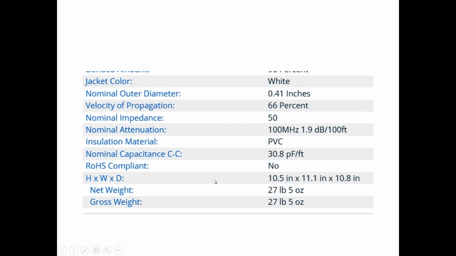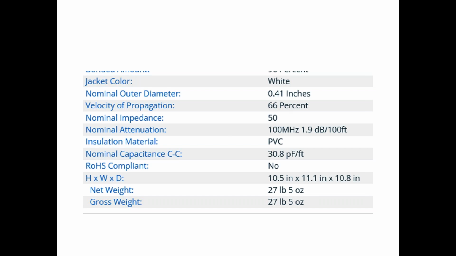Here's some more specifications of that cable, and this is what you'd be looking at. It's 50 ohms. Well, that's basically what we're dealing with most of the time. And propagation. Propagation is the speed at which the signal is passing through this cable: 66%, not 100%, not 186,000 miles per second, 66%.